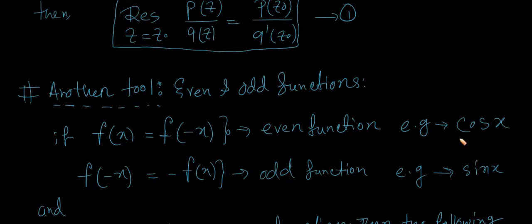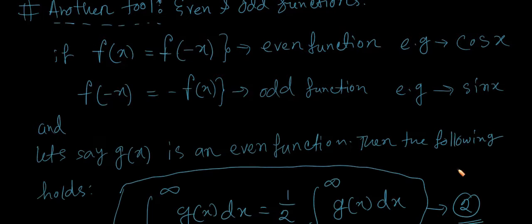For example, cosine of x is an even function. An odd function is such a function that if you replace x with minus x, the whole function itself picks up a minus sign. For example, sine of x. You know that sine of minus theta is equal to minus sine theta, right?